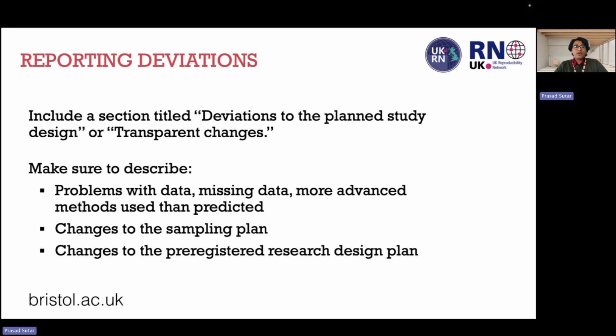Now, in reporting deviations, you can include a section called changes to the planned study or something like that in the previous template that I've shared. And then you can describe different kinds of problems that you have faced. Was there any sampling issue, or you can also list your deviations for your pre-registered research.